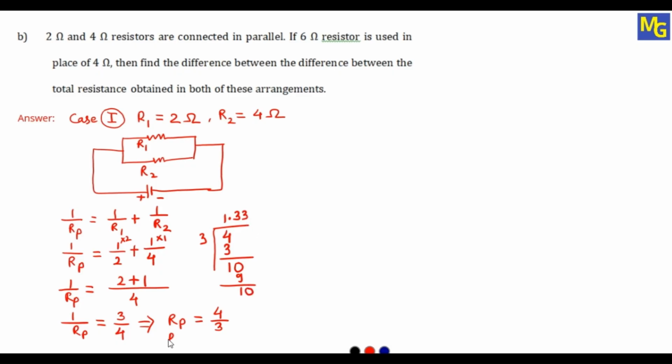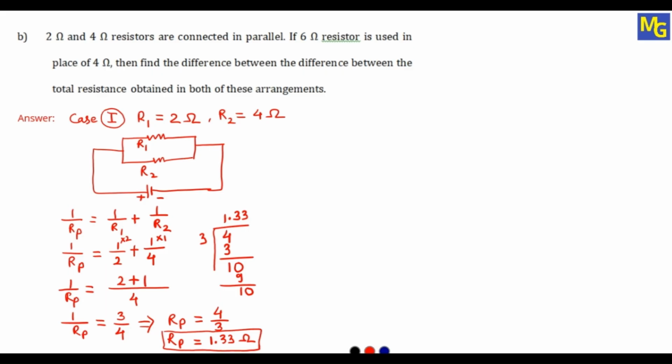So the answer, Rp, is equals to 1.33, and this is resistance. So write the unit, that is ohm. This is the answer in the first arrangement. Write down the answer in a box.